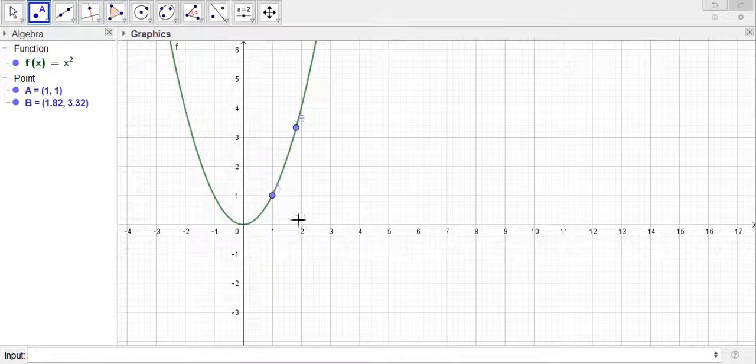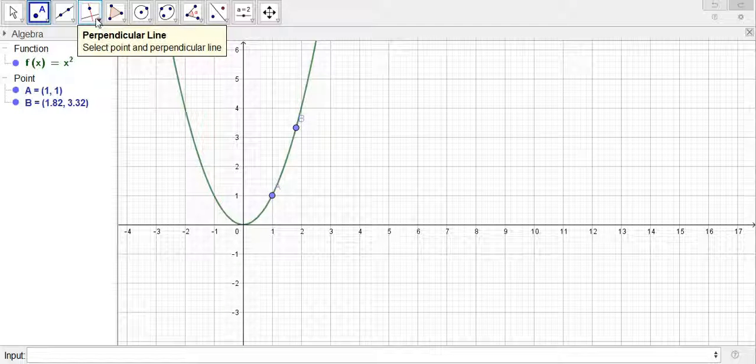So remember, h is just the distance between A and B, the horizontal distance, only the x values. If I were to represent this, I'll just represent it quickly.